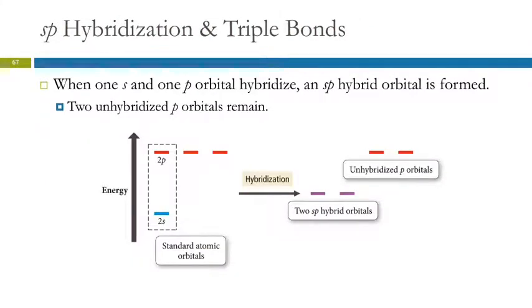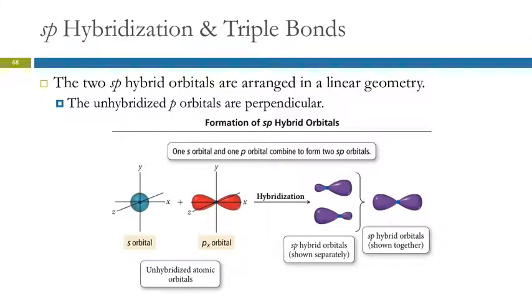Okay, what if we take one s and one p? Well, then we're going to get two hybrid orbitals, and it's going to be called sp, and we'll have two unhybridized p orbitals left over. So what that would look like, you've got this s orbital and a p orbital, and you average those together, and you're going to get two of these drumstick shapes, and they're going to be pointing in opposite directions.